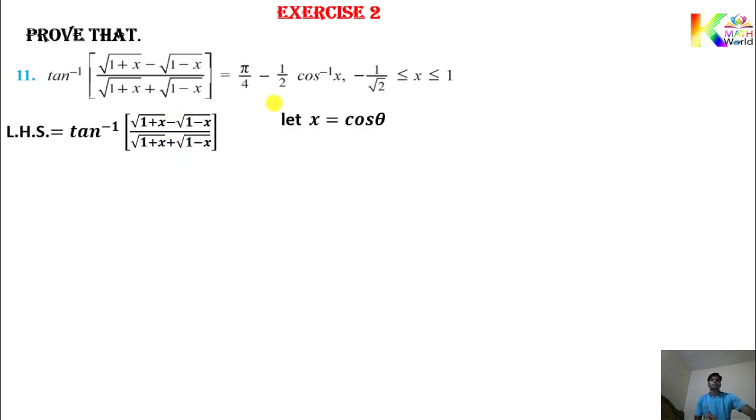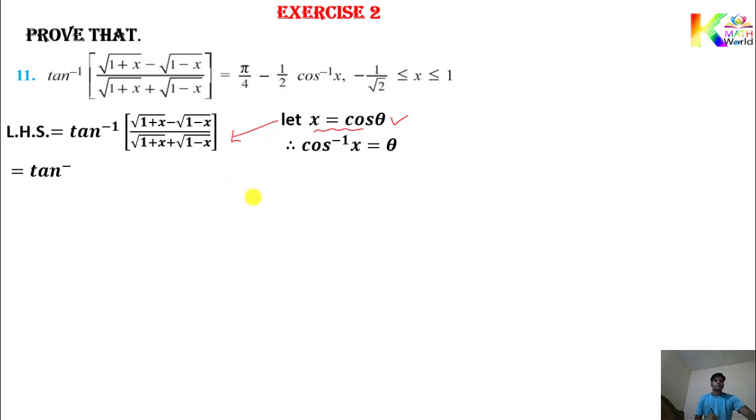So we assume x as cos theta. Then cos inverse x equals theta. Whatever you assume here, this value we will replace in this one.